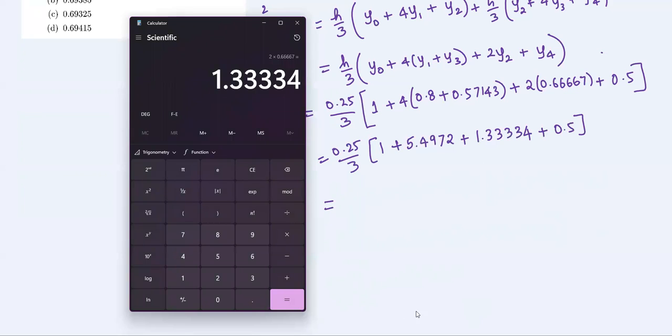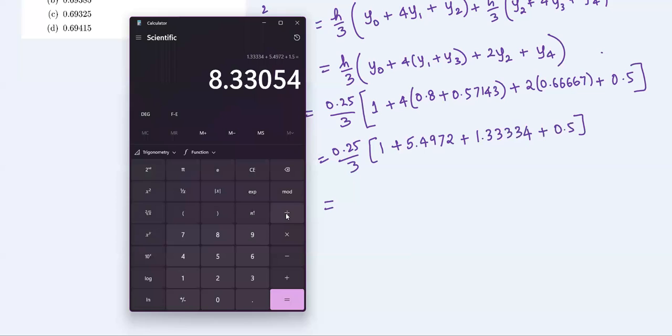So now let us do this. 5.4972 plus 1 plus 0.5, 1.5.